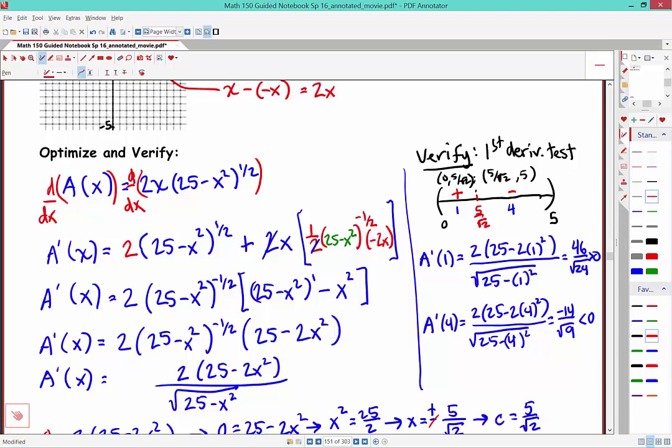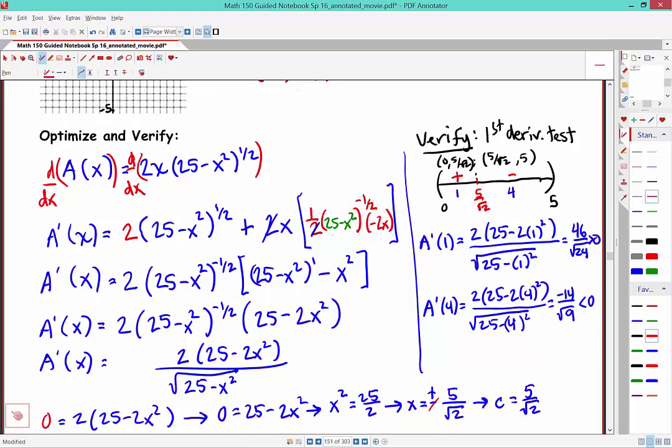So this will be negative. So by the first derivative test, that means there's a relative max at x is 5 over root 2.